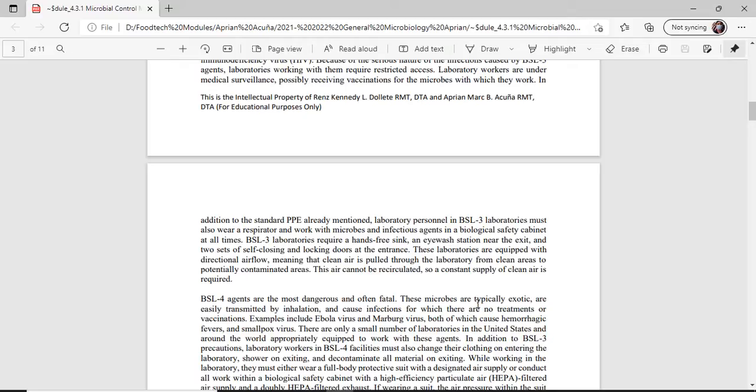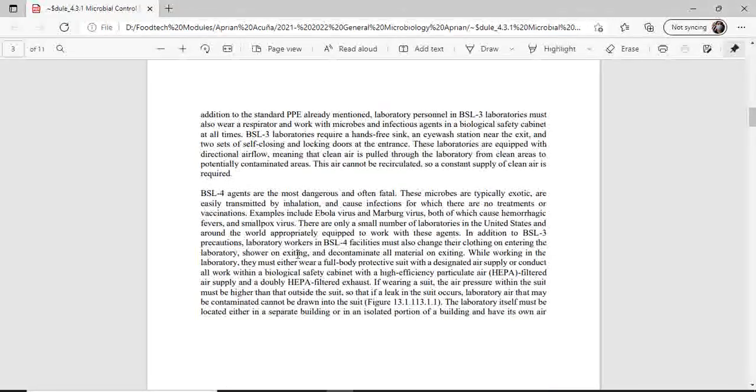These laboratories are equipped with directional airflow, meaning that clean air is pulled through the laboratory from a clean area to potentially contaminated areas. This air cannot recirculate, so a constant supply of clean air is required.